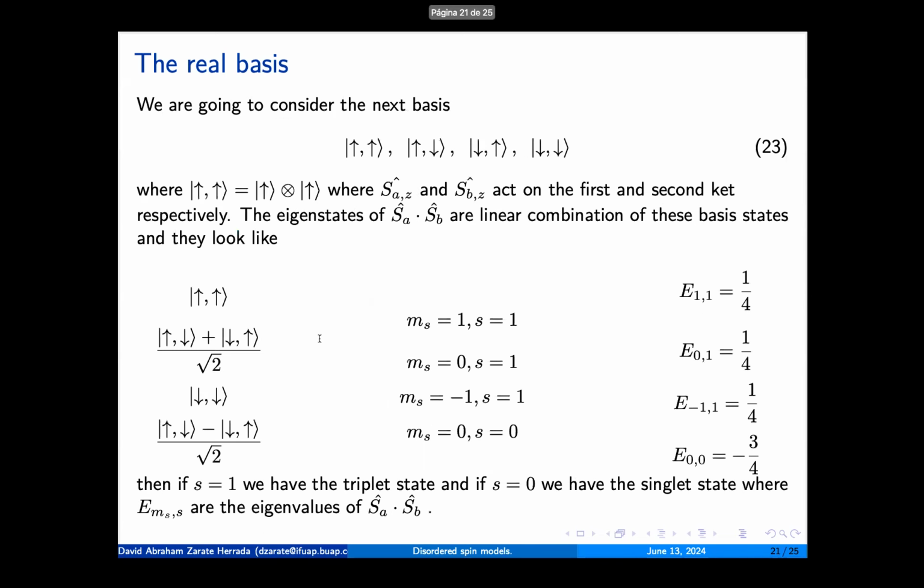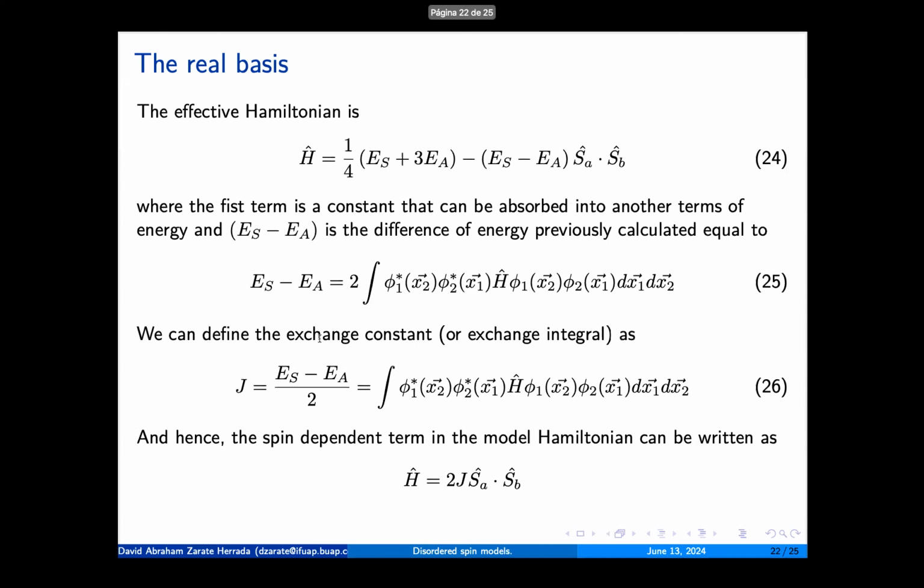So with this information, we can write an effective Hamiltonian. You can check this: it gives us the value of the energy when we apply it to the triplet and singlet.